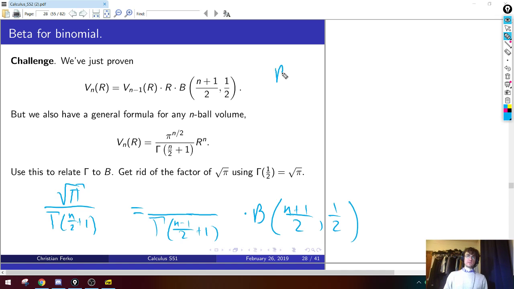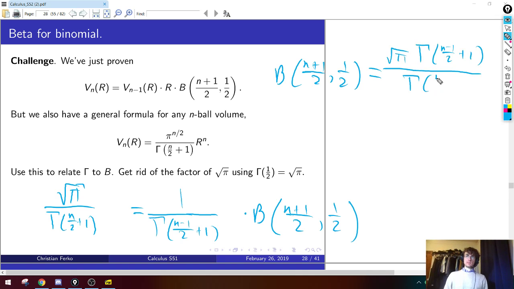Then what happens when you solve for beta of n plus 1 over 2? So just move everything to the other side and tell me what we get. It's equal to root pi times gamma of n minus 1 over 2 plus 1 all over gamma of n over 2 plus 1.